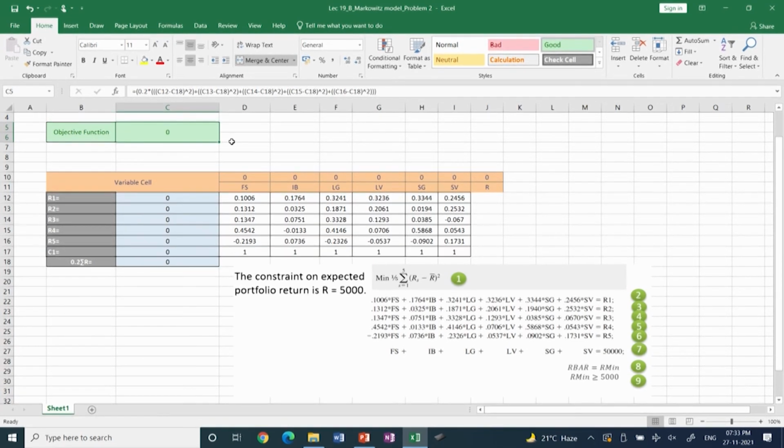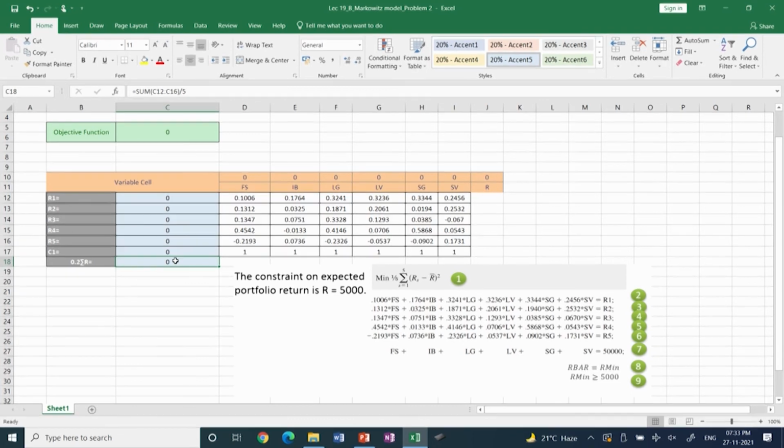What is R bar? R bar I have written as C18. When I keep my cursor on C18, that is the mean value of C12 to C16 divided by 5, the mean value of the return. That mean value we are going to use in the objective function.